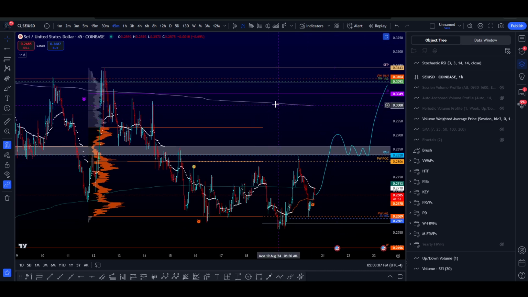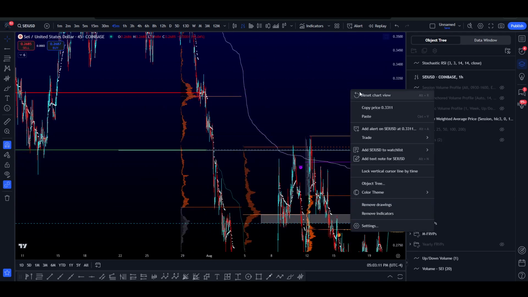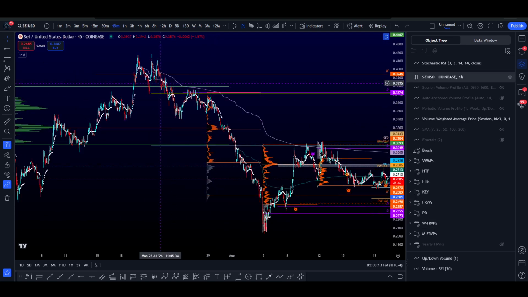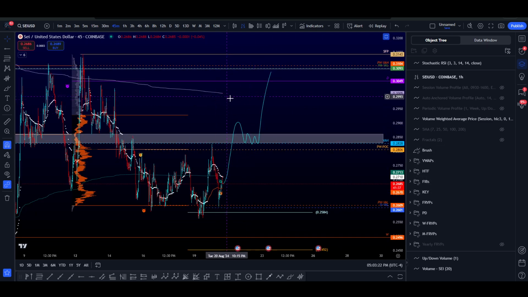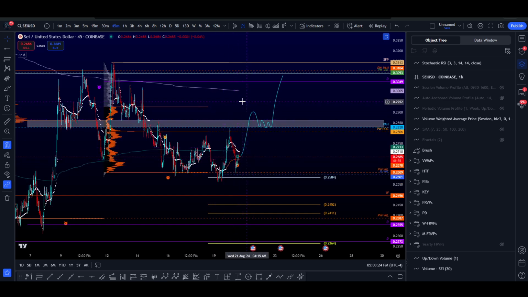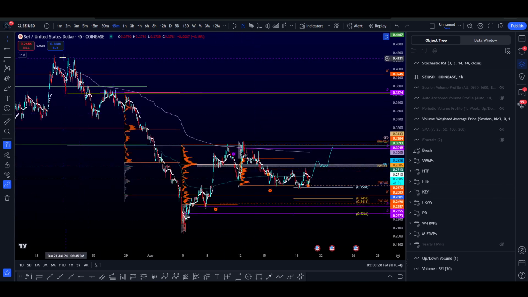I'm also going to keep in mind and keep an eye on this anchored VWAP, which was pulled from these highs right here, right? So that volume weighted average price from this high to where we are at right now is all the way up here at around 30 cents. So the average price for SEI is at 30 cents from the massive sell-off at the highs.